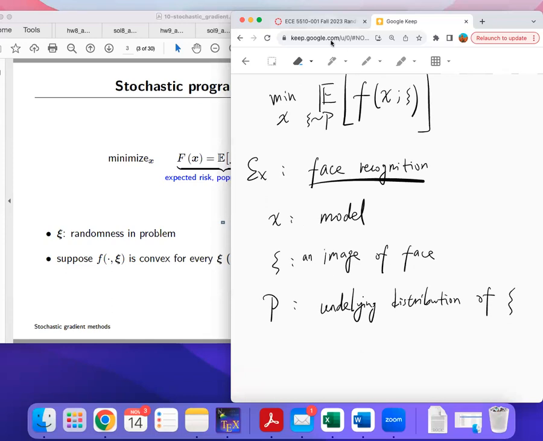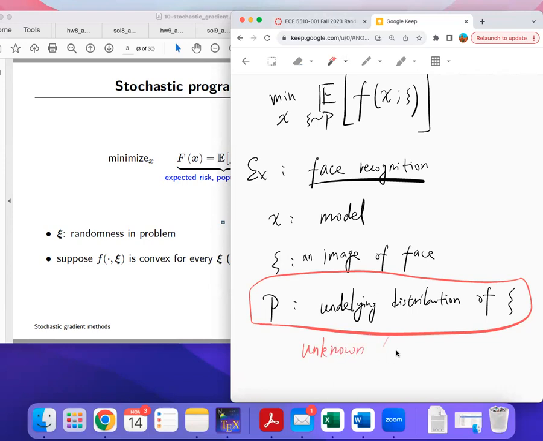And the key assumption is that this underlying distribution is unknown, or is very hard to evaluate. Okay. Because you don't really know how to model the distribution of human faces in general.